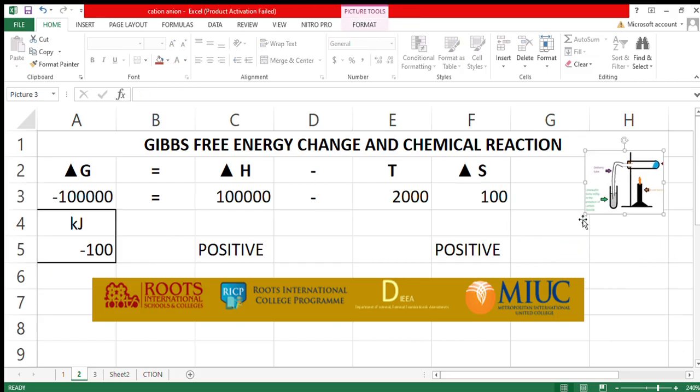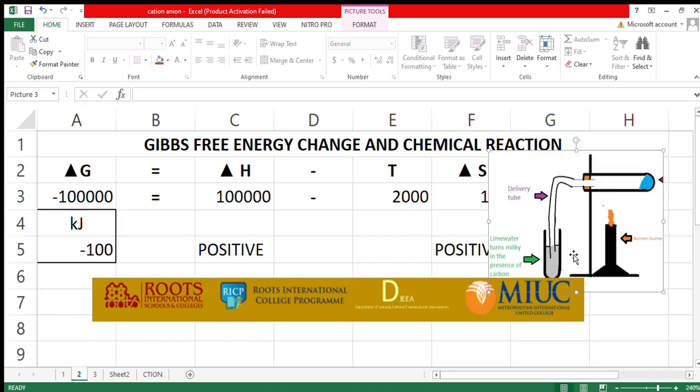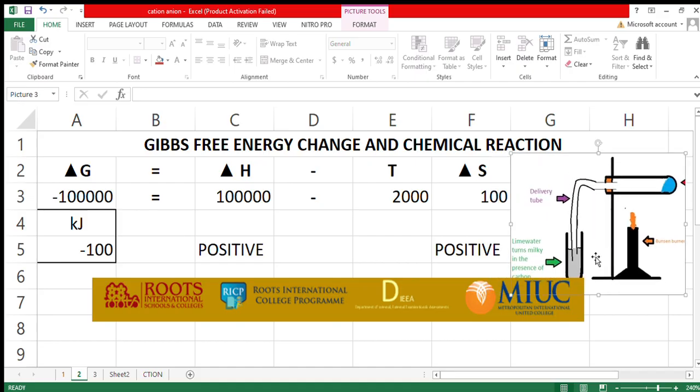As you can see, the example of such chemical reaction is thermal decomposition. For example, thermal decomposition of calcium carbonate into carbon dioxide and calcium oxide, or magnesium carbonate. So many carbonates are decomposed when they are heated.